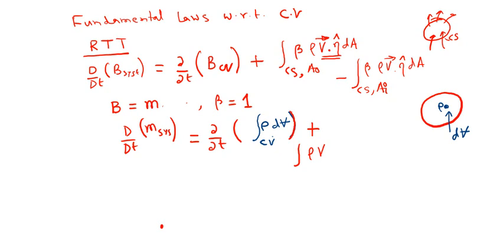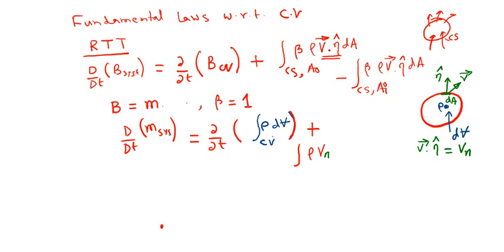If you consider a very small surface area dA, with V the direction of velocity and eta cap the normal to the area, then V dot eta cap is nothing but the normal component of velocity, Vn.